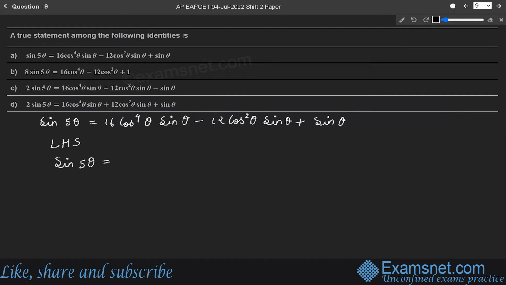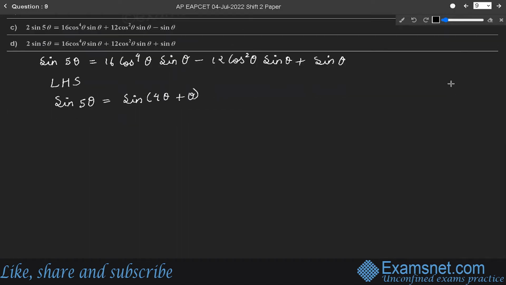Sine 5 theta can be written as sine of 4 theta plus theta. Now applying the formula for sine A plus B, it will be equal to sine 4 theta cos theta plus cos 4 theta sine theta. Again, applying the formula for sine 2 theta, we know that sine 2 theta is 2 sine theta cos theta.